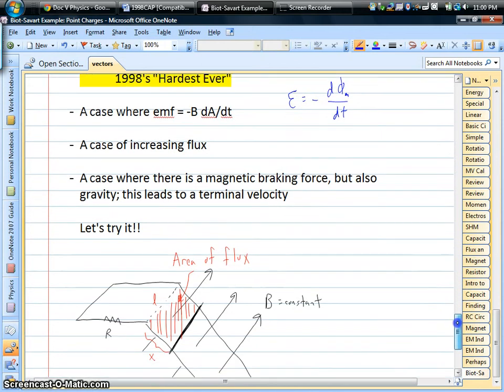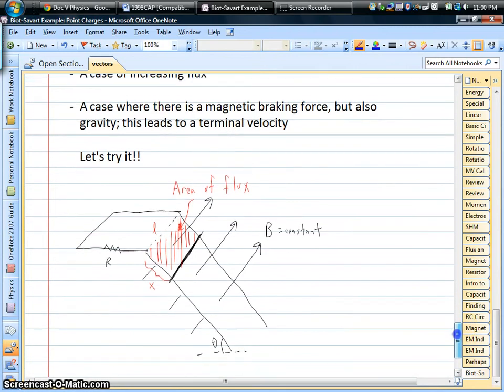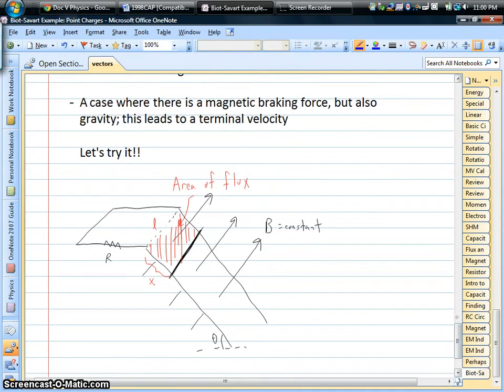So in this case, we have a version where the magnetic field is constant and the area is changing. And in my diagram, this reddish area is where you have flux. So as this bar moves down the hill, that area is increasing. Okay, so that's our situation.